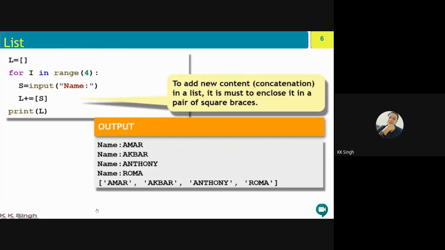Like for I in range 4, it will take a name, and each name will be concatenated to list variable L. First I take Amar, so the value of L will become Amar. Next I take Akbar, so it will be concatenated to L, and the value of L will be Amar and Akbar.